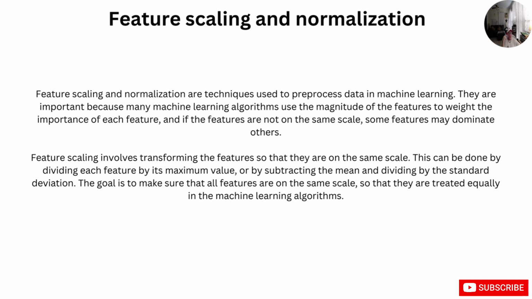Feature scaling involves transforming the features so that they are on the same scale. This can be done by dividing each feature by its maximum value, or by subtracting the mean and dividing by the standard deviation. The goal is to make sure that all features are on the same scale so that they are treated equally in the machine learning algorithm.